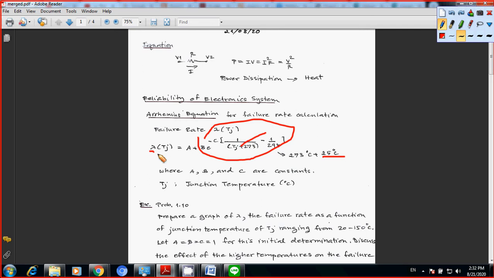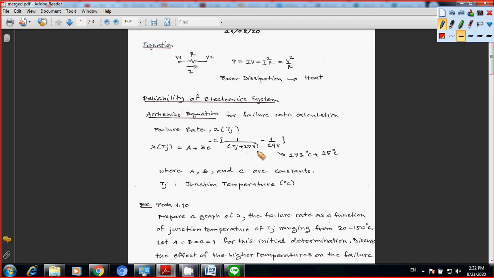Now, if you have a very, very low temperature, just to make it easy to analyze, let's make Tj equal to 0 degrees Celsius. So this term becomes what? This one is 1 over 273, which is smaller than this number.